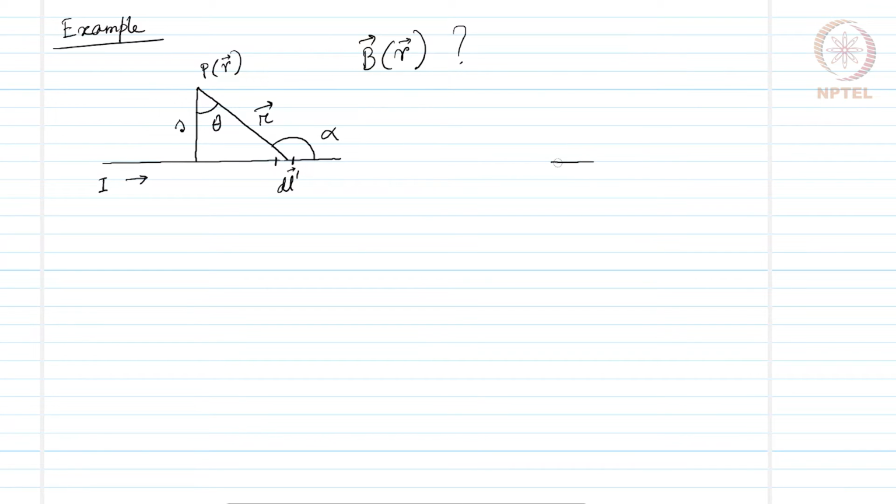If we consider this segment and our point of observation here, this is the perpendicular distance, say this angle is theta 1 and this bigger angle is theta 2.